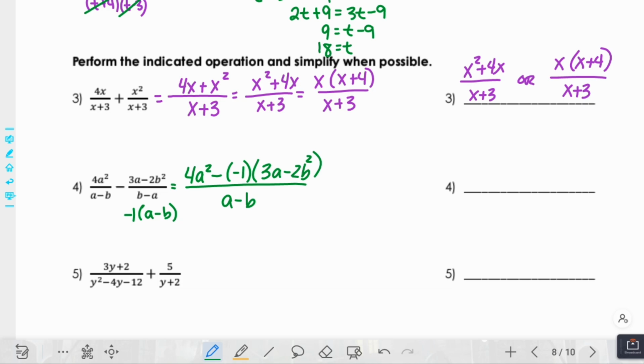Okay, so from here, I'm going to go ahead and distribute as much as I can. So if I have minus a -1, that ends up being plus.